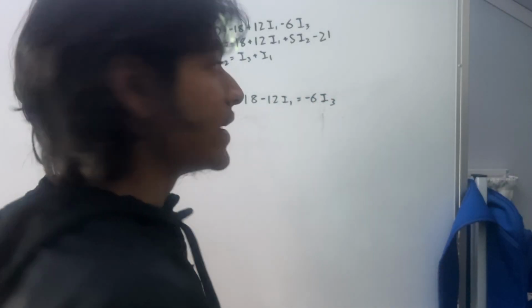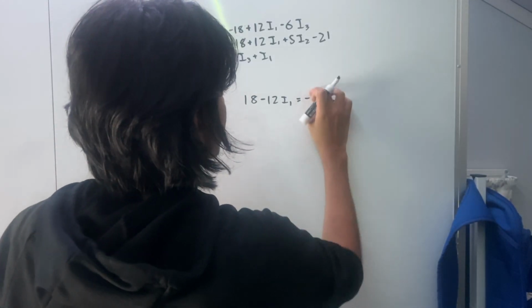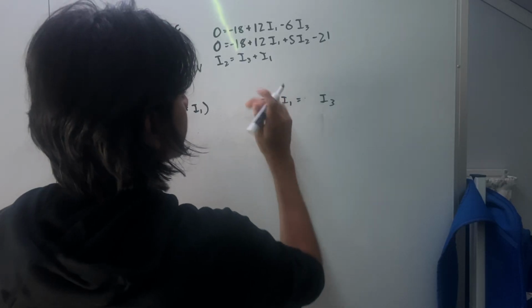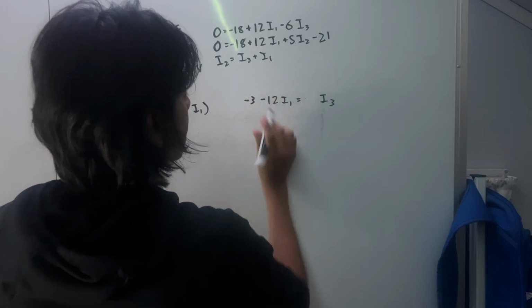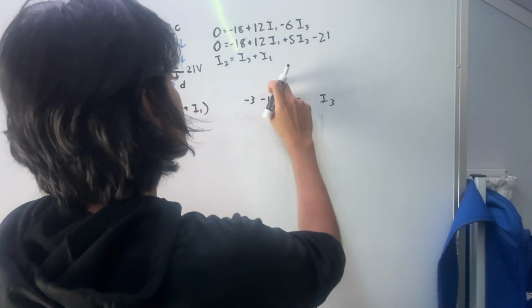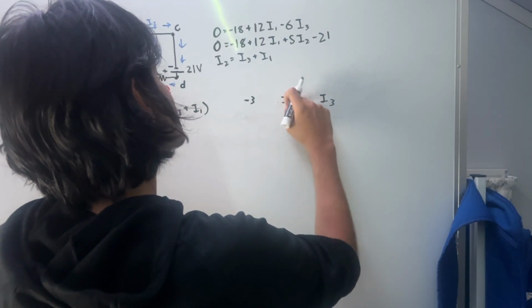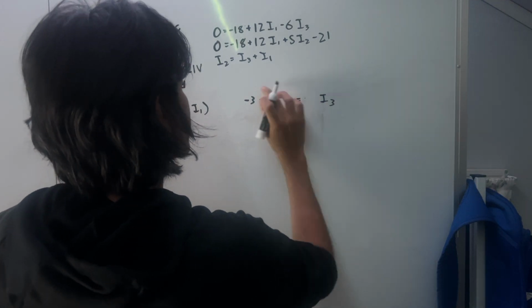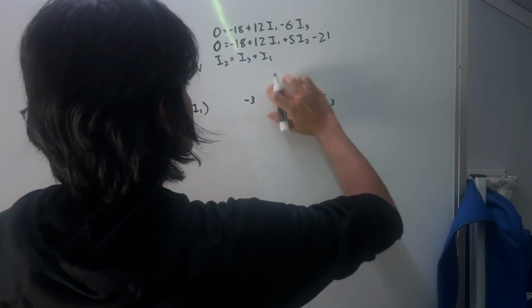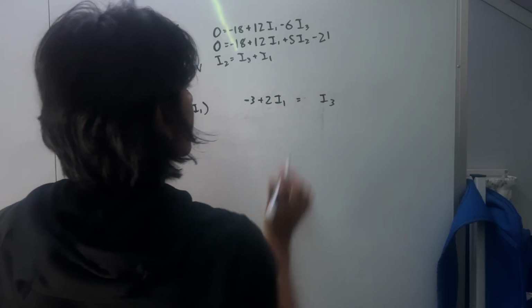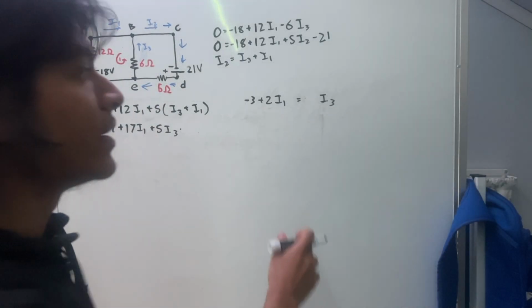Dividing both sides by negative 6, on the left side, this 18 is going to turn into a negative 3. And this negative 12I1 is going to turn into a plus 2I1. And that is going to be I3.